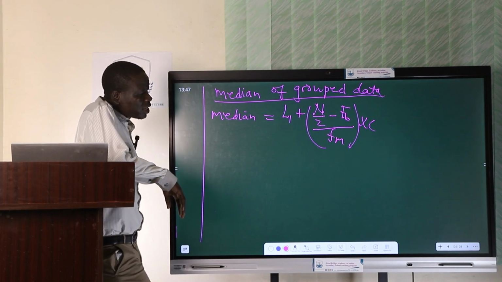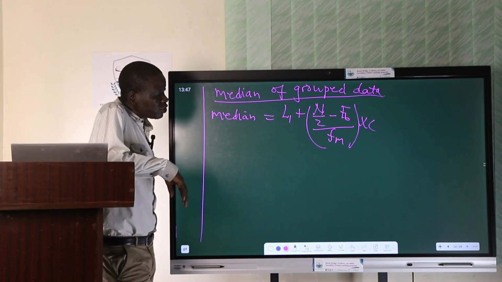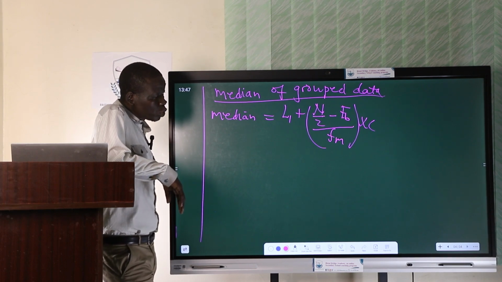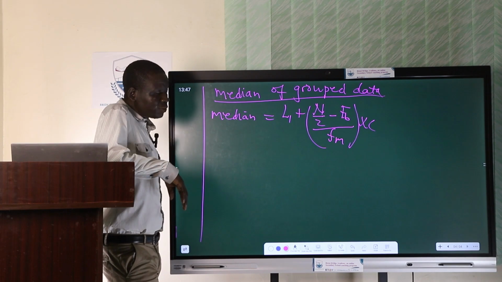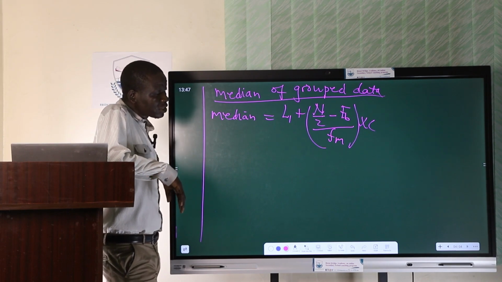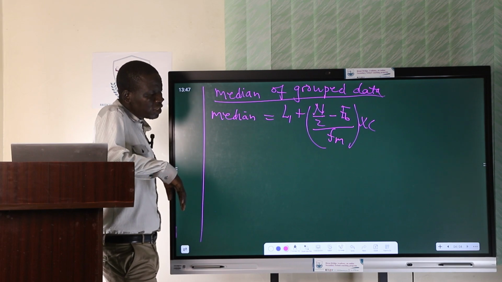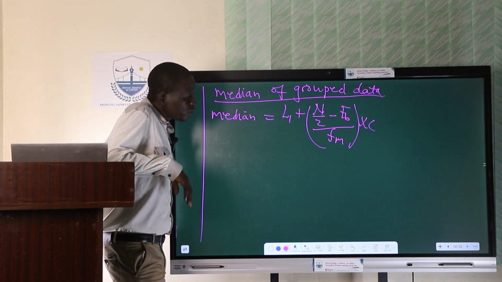Sometimes you can write this formula as median is equal to L1 plus summation F over 2 minus CFB, where CFB stands for cumulative frequency before the median class, over Fm.